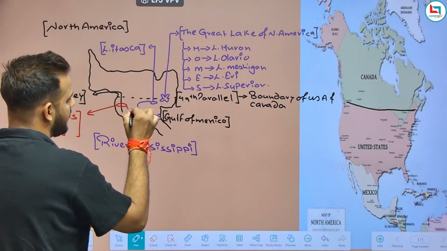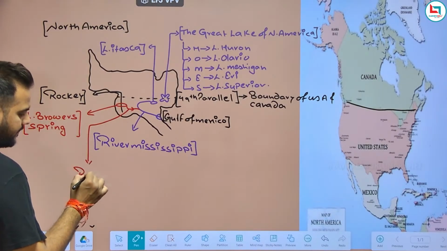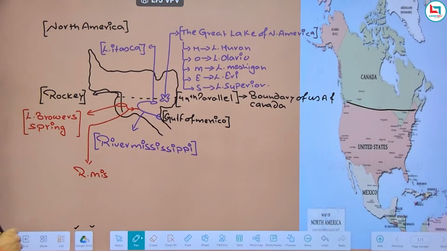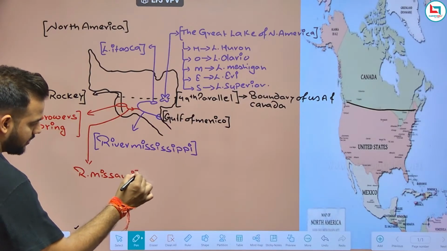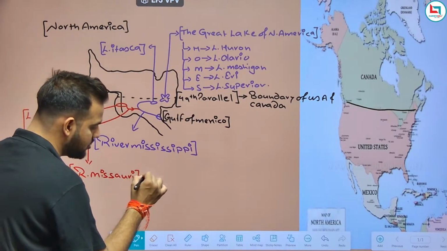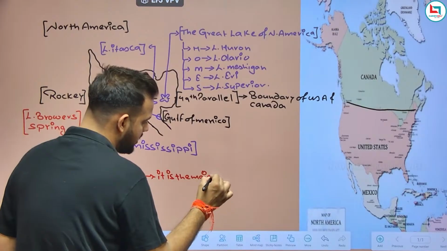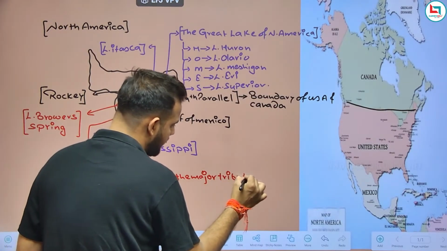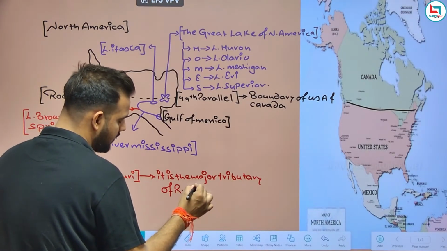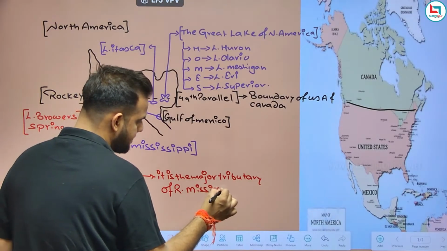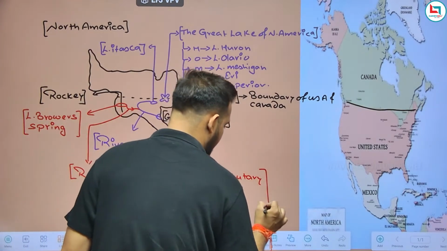From this particular lake originates the major tributary of River Mississippi, that is River Missouri. River Missouri is the major tributary of River Mississippi. So these are the things that we should know.